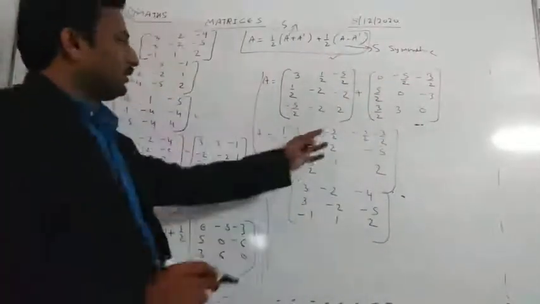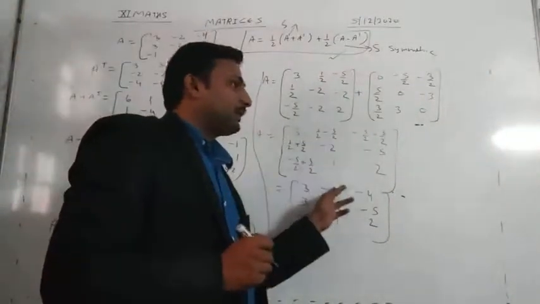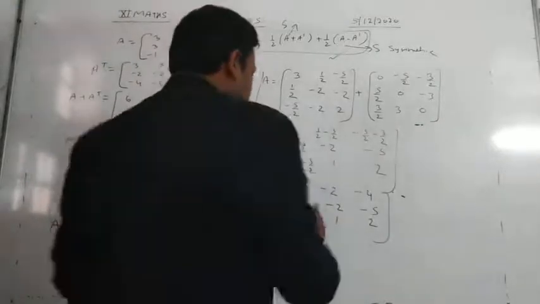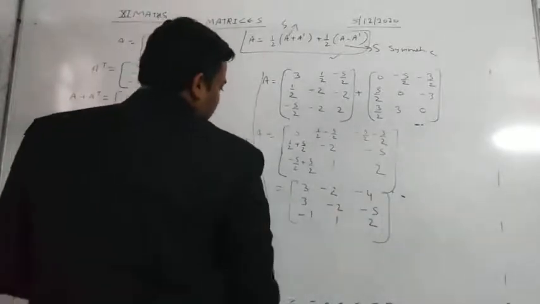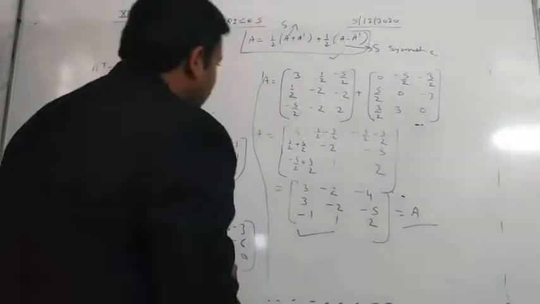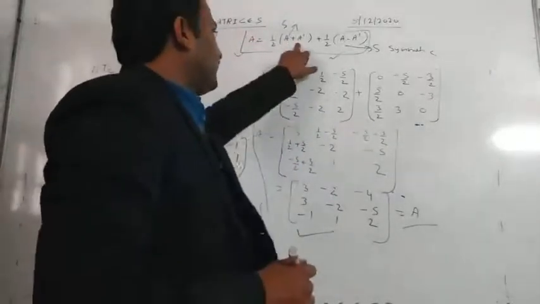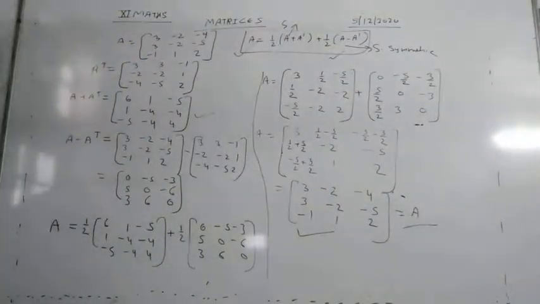So after solving this, we are getting 3, -2, -4; 3, -2, -5; -1, 1, 2. So this is our matrix A. So we can say that our matrix A can be expressed as the sum of symmetric and skew symmetric matrices.